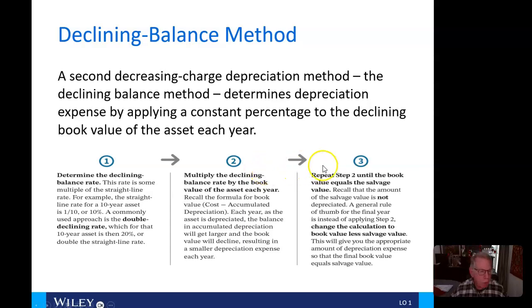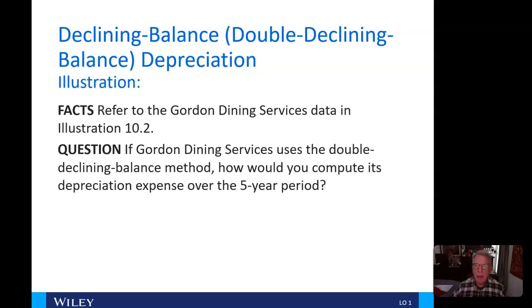That book value will be declining. And then we'll repeat that until it reaches the salvage value. And then we will not decrease that book value further than the salvage value. Okay, let's look at that.